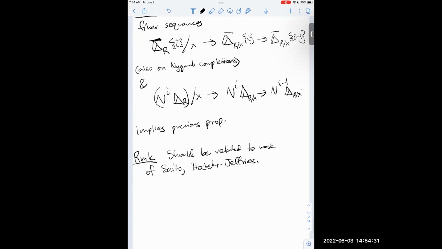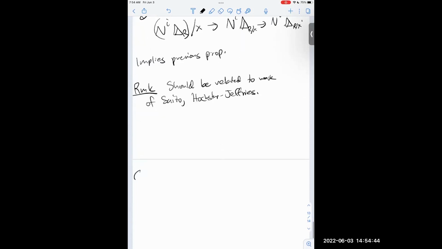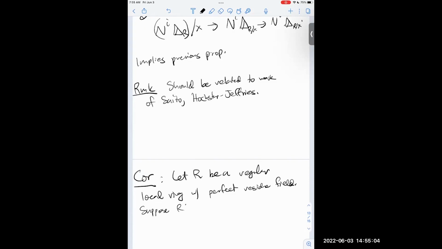Let me also mention a couple of other applications of the fact that regular rings are F-smooth, and in particular that the Nygaard filtration is convergent for regular rings. So there's the following corollary, which is also in the article: let R be a regular local ring with perfect residue field, and suppose that R mod p is F-finite, so finite over the p-th powers.